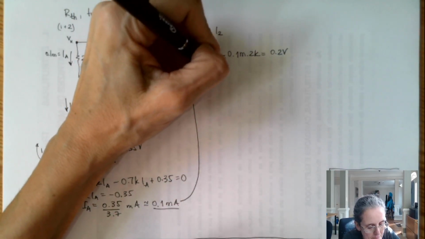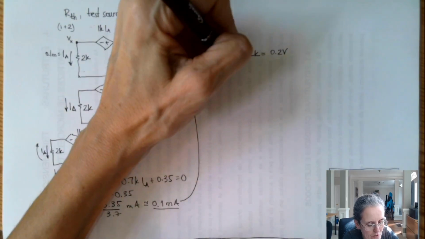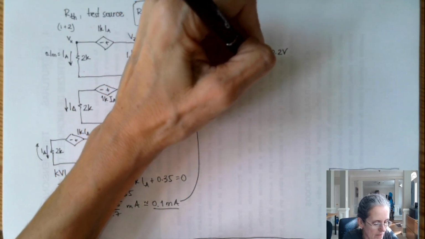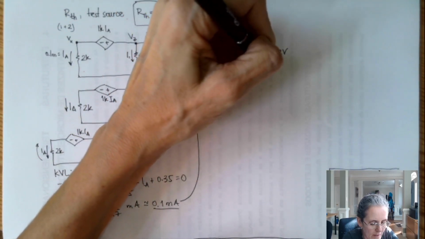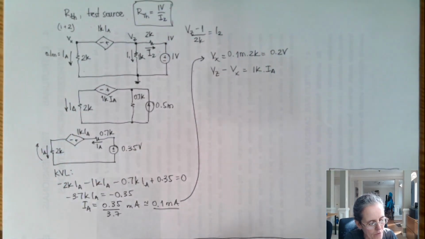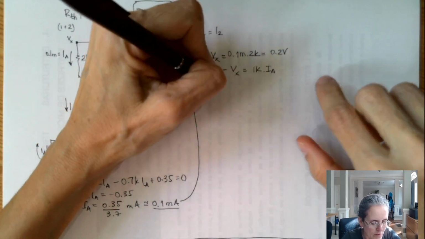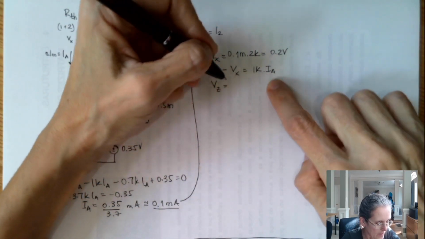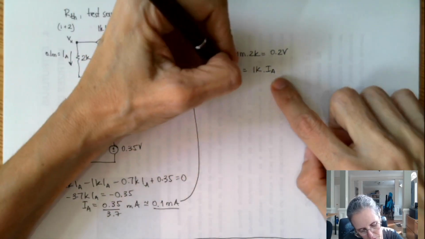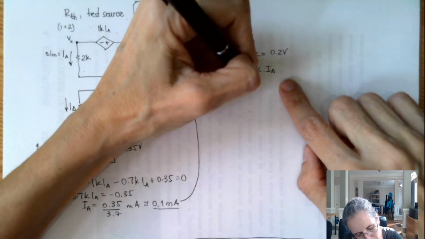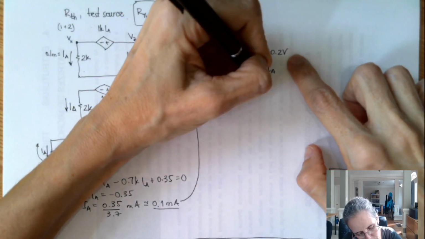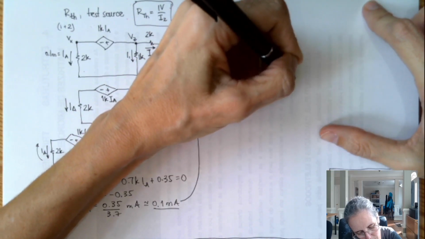Vz, supernode expression is Vz minus Vx is 1K times IA. So if you see here Vz minus Vx, and Vz will be 1K times IA will be 0.1 volts plus 0.2 volts. Vz is 0.3 volts.